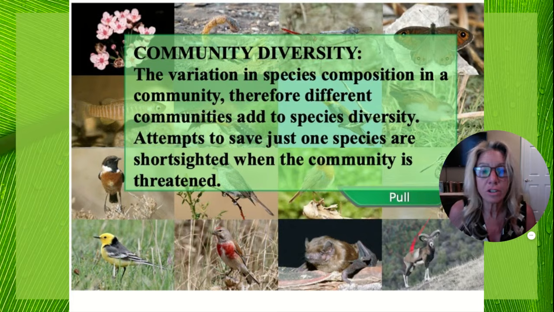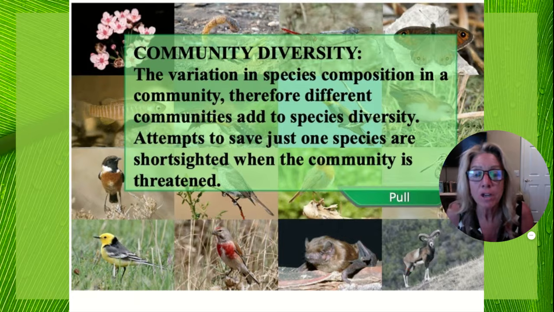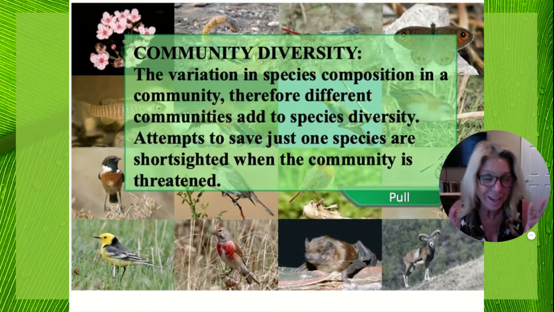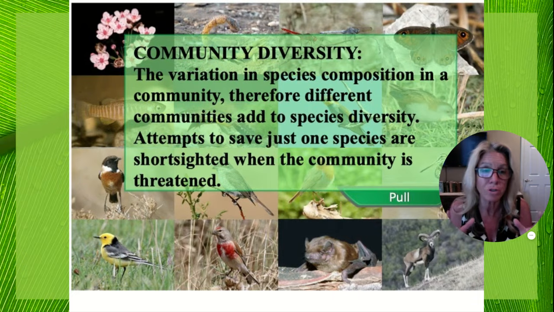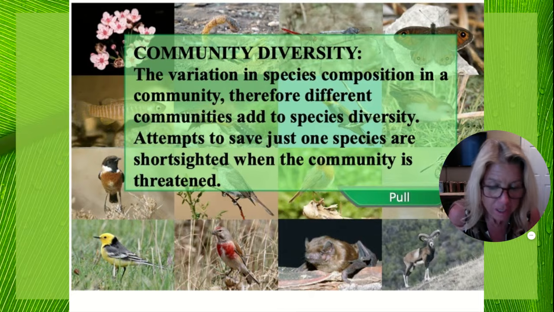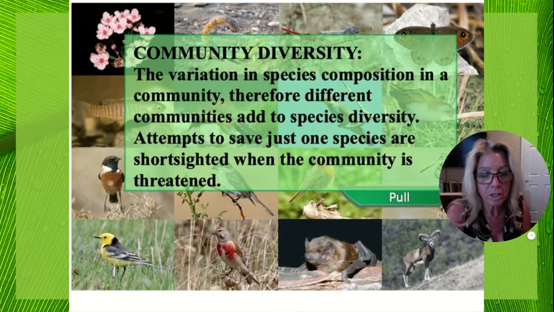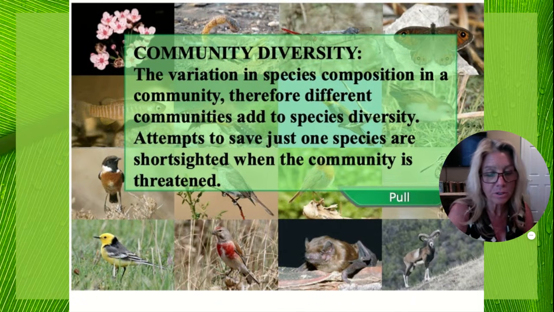Community diversity is just that, remember when we looked at Simpson's diversity index, right? And we can do the calculations for that now. You want to have a variety of different species within your community. And it's very short-sighted to only protect one and not think of all. So community diversity, diverse community compositions increase the levels of biodiversity in the biosphere.